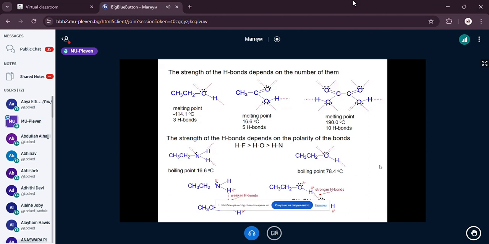The hydrogen bonds between molecules of alcohol are stronger, because the electronegativity and the resulting polarity of the bonds is higher between molecules of alcohol.